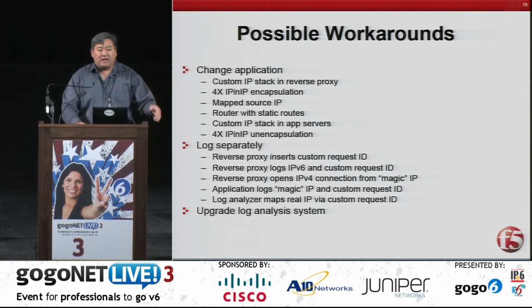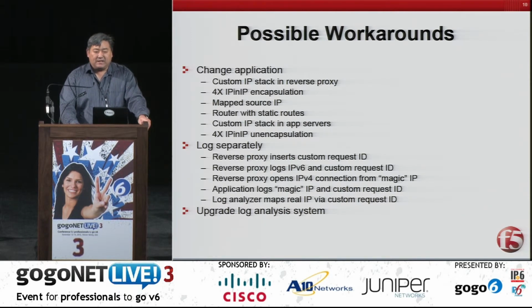Another way possibly is to log things separately, right? Everything has to go in and out of that reverse proxy. There's no reason why the reverse proxy can't create some sort of custom request ID, or if you're on the same NTP server and you trust the timestamps, correlate things via timestamps, right? So the reverse proxy basically can say, hey, I'm sending things to the log server, and I'm going to use the real IPv6 address here in my log message.